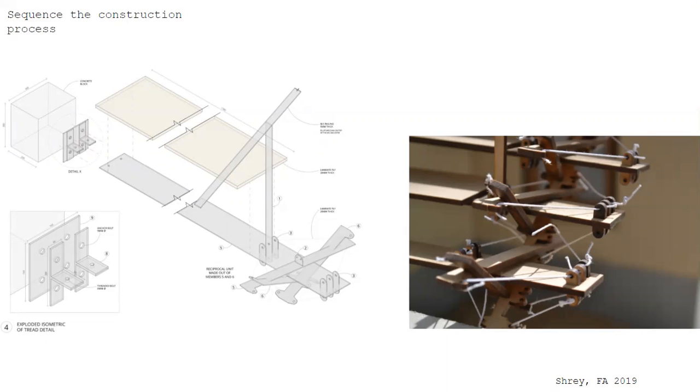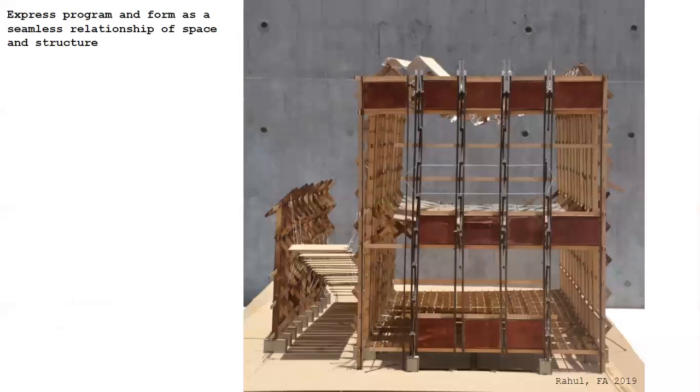And therefore, one of the purposes of making model is to ensure that there is a visualization while producing construction drawing or while making models. Then we will also be focusing on making jigs in order to make some of the components. Then we'll express program and form as a seamless relationship of space and structure.